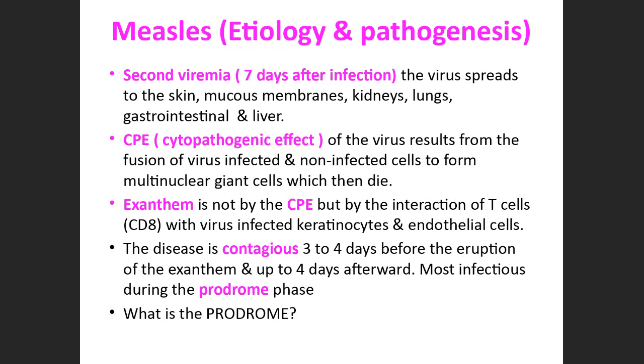Exanthem, what is this rash? What exactly is it? Do you think it is CPE? No, it is not the CPE, but this exanthem rash appears due to the interaction of T cells with virus-infected keratinocytes. When the keratinocytes, the skin cells, and endothelial cells are infected by the viruses, and the T cells interact with these cells, the exanthem, the rash, appears.